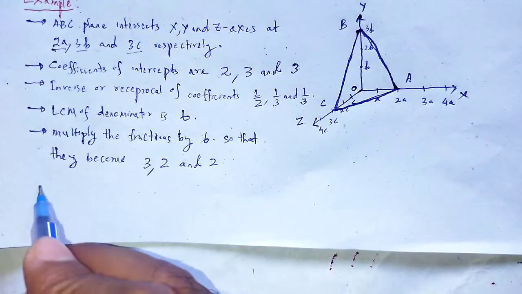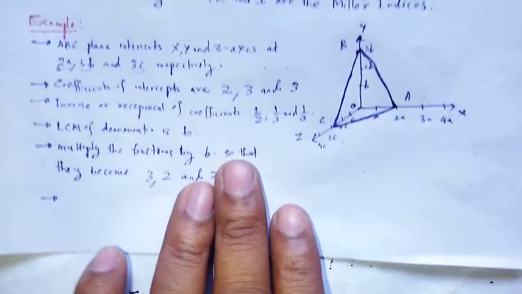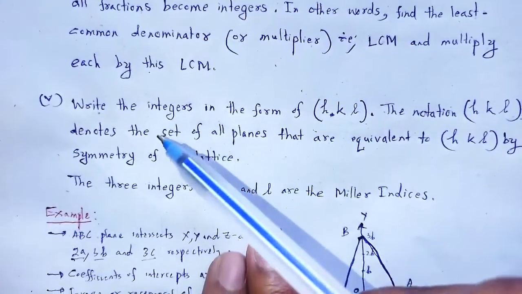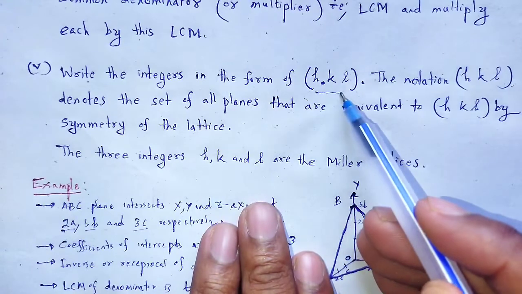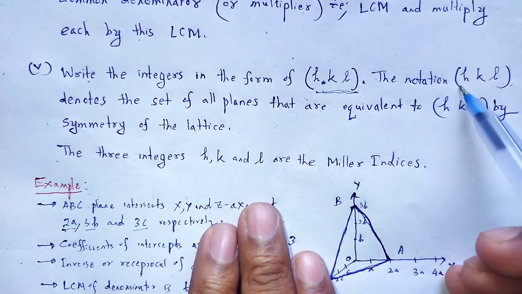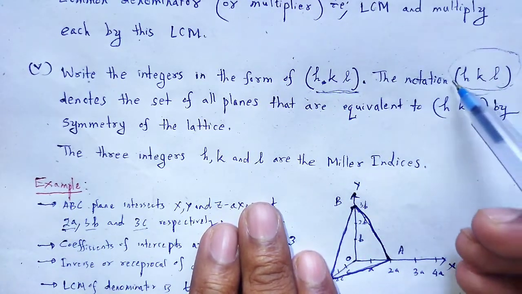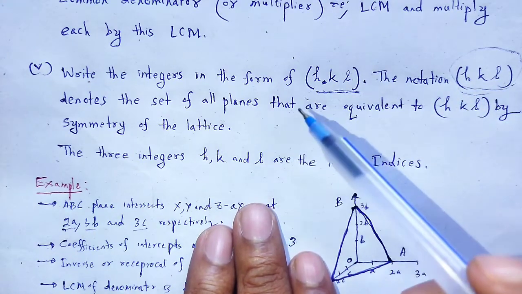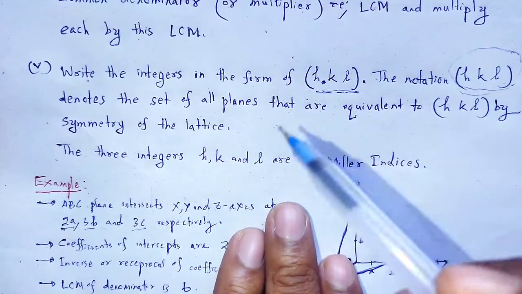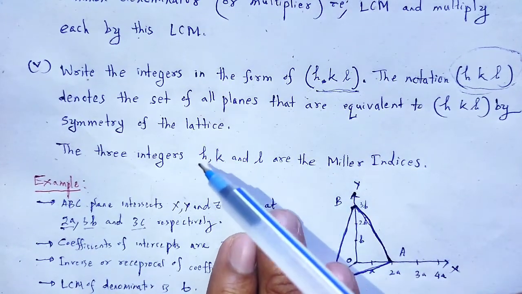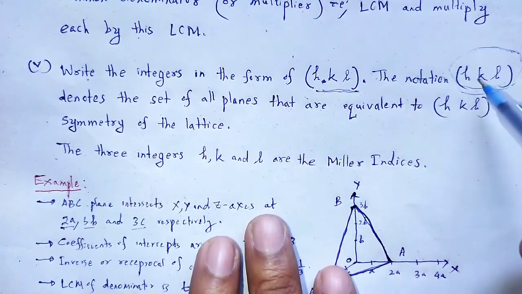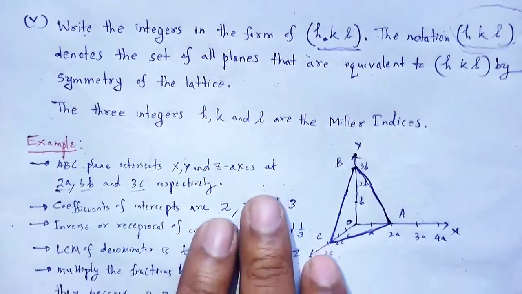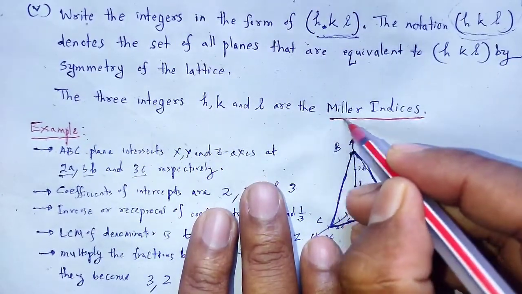These integers are written in the form (hkl), and that notation of hkl within brackets denotes the set of all planes that are equivalent to hkl by the symmetry of the given lattice, and the three integers hkl are nothing but the Miller indices.